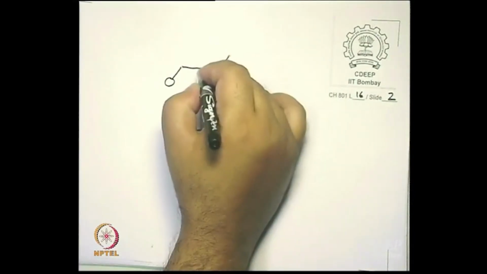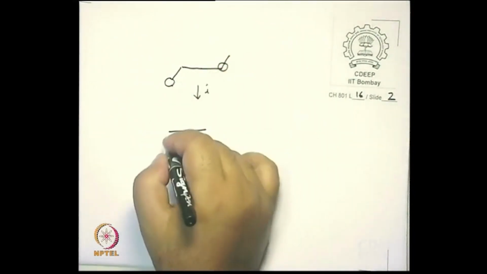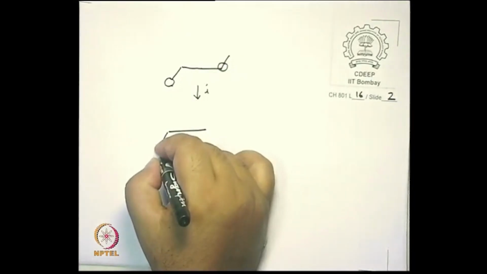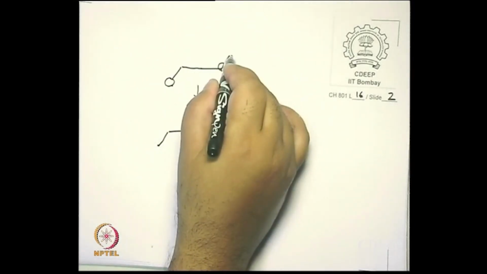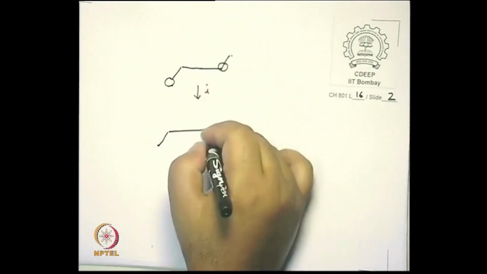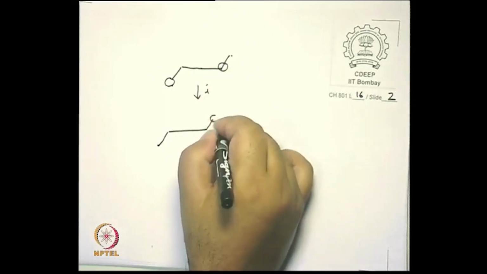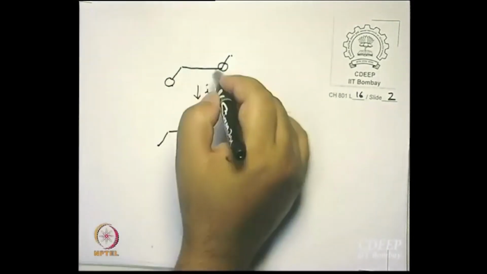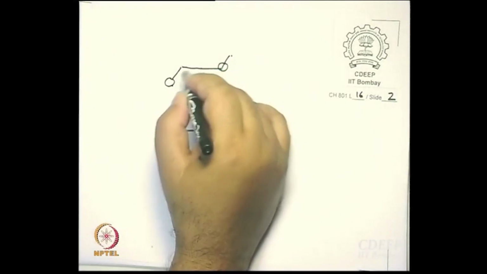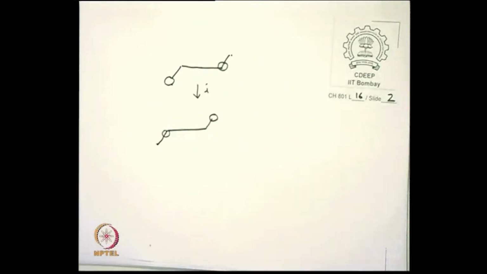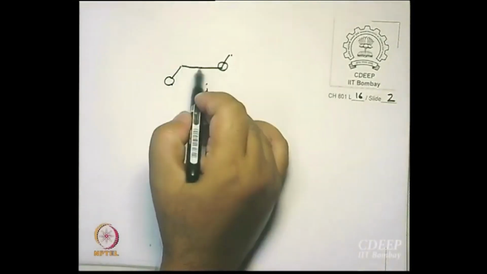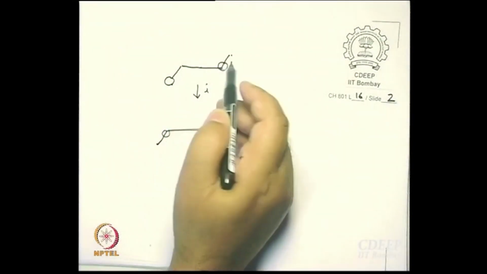Start from here, go to the center, go here. Then I should get the start of an arrow, no circle. Start from here, go to the center, go here. I should get a circle. Start from here, go through the center, equal distance on the other side. I should get a circle here. And start from here to the center to here, no circle.